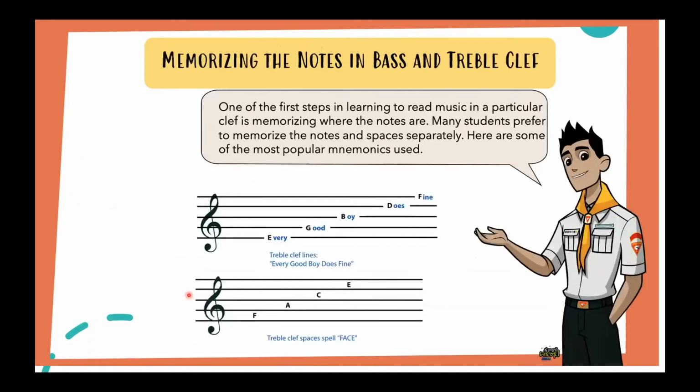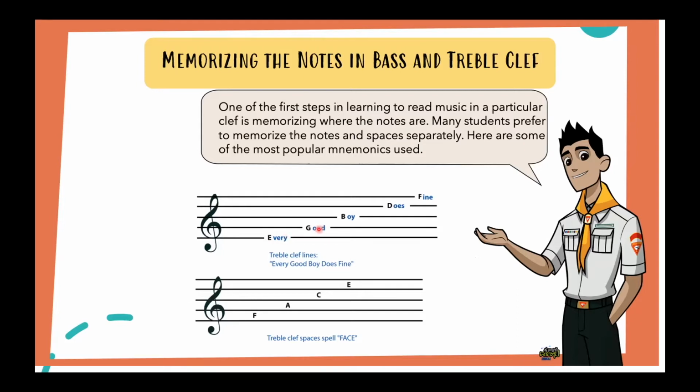We are also required to memorize these notes, and there is a really good way to memorize them. We can call each line or each space a word. For example, here we have that this is G, do you remember?